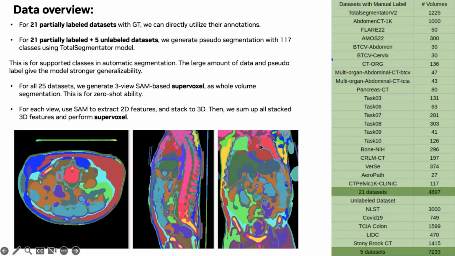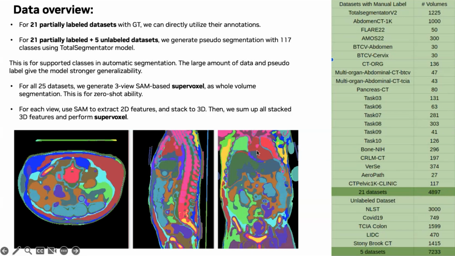We use a 3D supervoxel to generate those pseudo labels. Exactly what we did is, for each view we extract 2D features, stack them to 3D, sum up all the stacked 3D features, and perform a supervoxel algorithm, a SLIC algorithm, and get those pseudo labels.